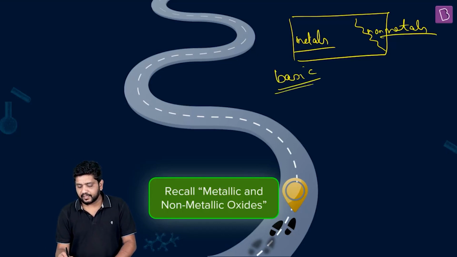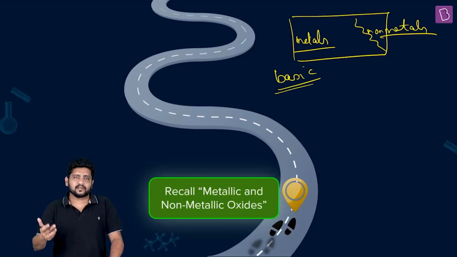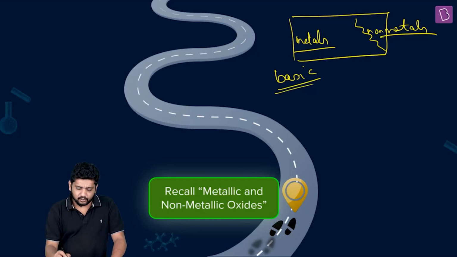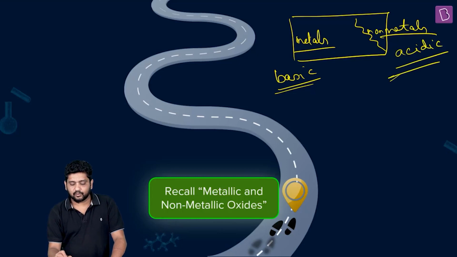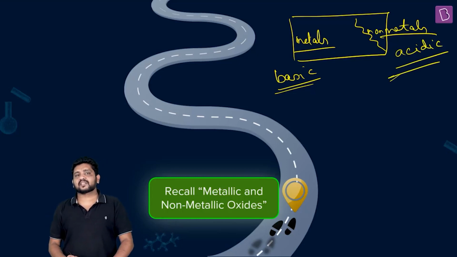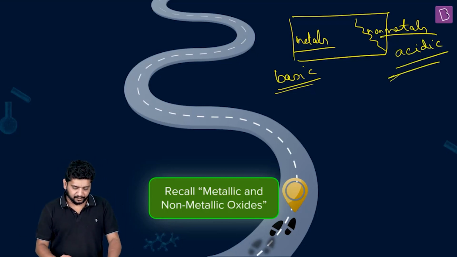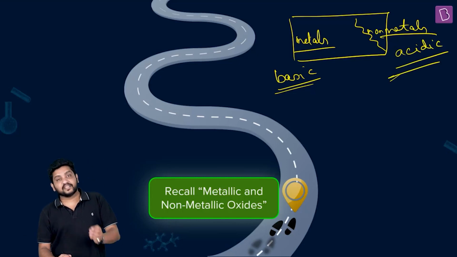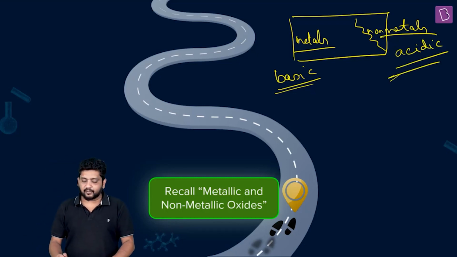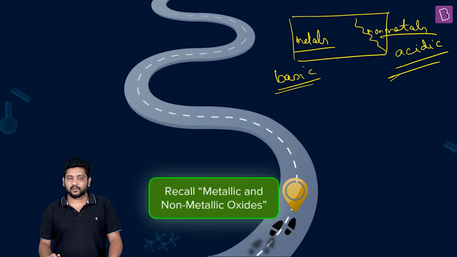You will be having non-metallic oxides like carbon dioxide forms carbonic acid, sulfur dioxide forms sulfurous acid, all of these, right? So you know that non-metallic oxides are acidic in nature, right? So left to right, nature of oxide goes from basic to acidic in a periodic table, right? So now with this idea, obviously now you can understand that some of these substances can have intermediate properties also, right?